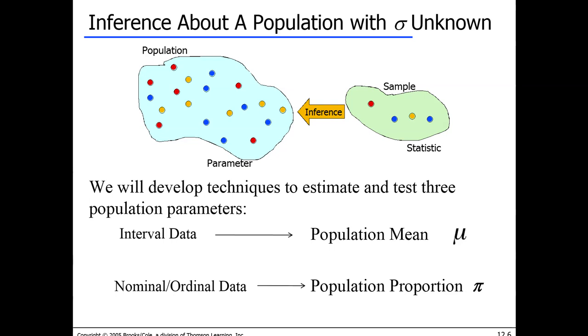So there are two possible outcomes. How do we determine which one wins? Well, we calculate the percentage or proportion of votes cast for the Republican candidate, for example. And if this proportion is above 0.5, more than half of people voted for the Republican candidate, then that's it, Republican won. So for categorical data, nominal or ordinal, we will not discuss the population mean, but instead we'll discuss the population proportion. Okay.